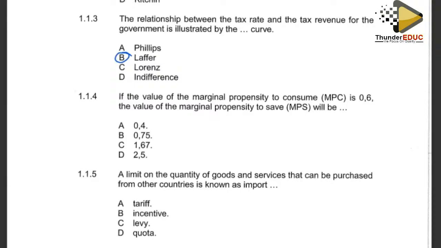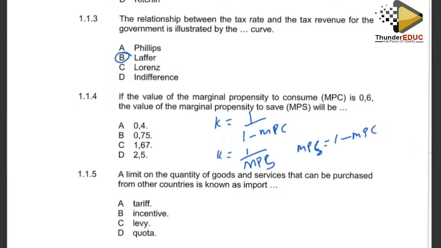If you still remember, grade 12s, whenever we calculate the multiplier, it is 1 over 1 minus the marginal propensity to consume, or we can use the formula 1 over marginal propensity to save. If you check these 2 formulas, you can see that in the denominator, 1 minus MPC is equivalent to MPS. So MPS equals 1 minus MPC.